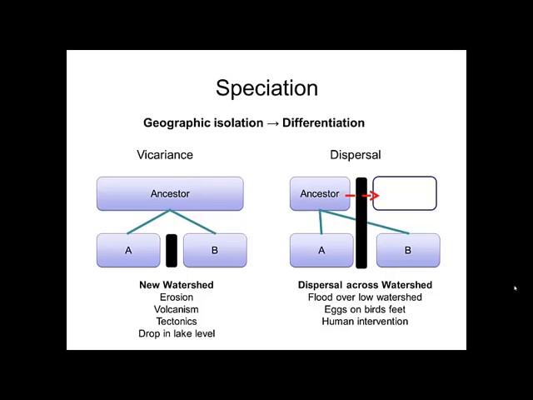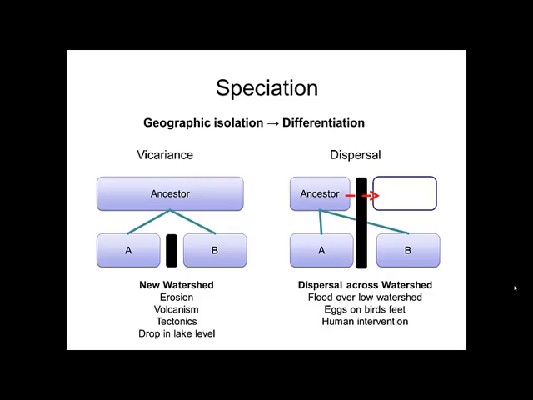So now the fish can't move up and down the river anymore. Because they can't interbreed with each other, they start to differentiate, and eventually they speciate. So if we have a widespread ancestor and a new barrier forms, it splits the range of the ancestor into two. There's no movement, no interbreeding between these two areas. Eventually we get new species.